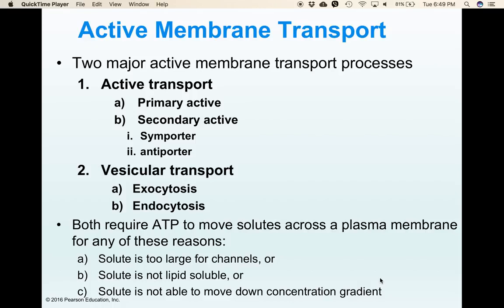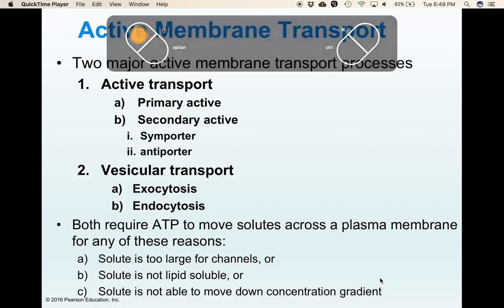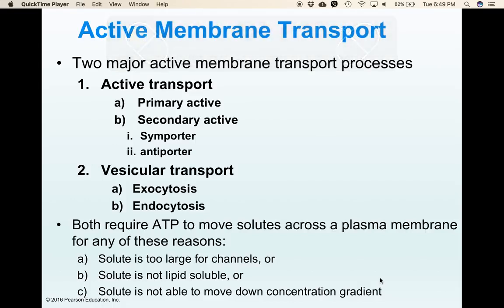Now, there are two main breakdowns for active membrane transport. The first one is known as active transport, which is the scenario where your cells require a specific type of energy, in the form of either ATP or a concentration gradient, to move the molecules across the plasma membrane against their concentration gradient.